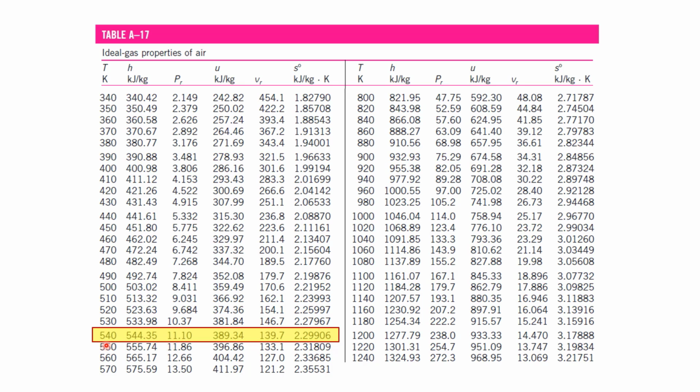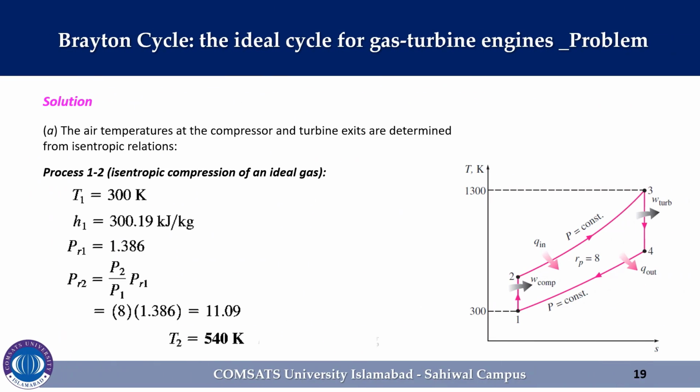At 11.10 the temperature is 540 Kelvin and the enthalpy is 544.35 kJ per kg. So note down these values. At the compressor outlet, or state 2, the temperature is 540 Kelvin and the enthalpy is 544.35 kJ per kg, as we see against the relative pressure 11.09 from the table.